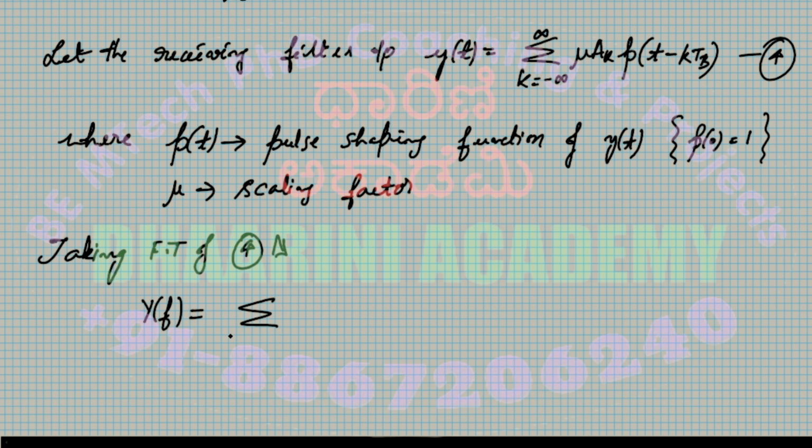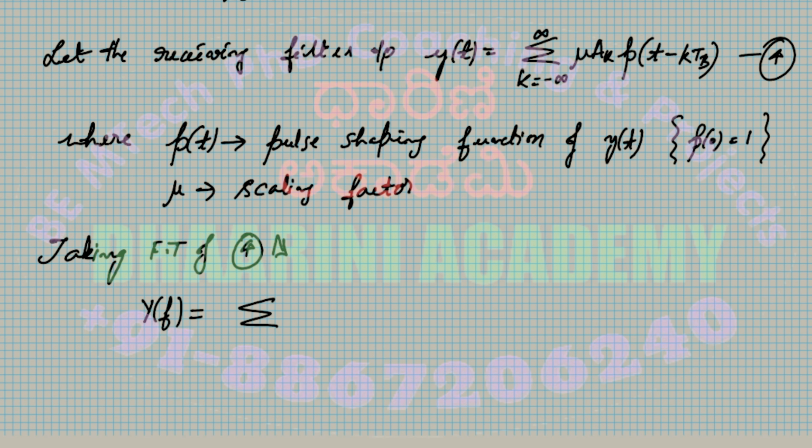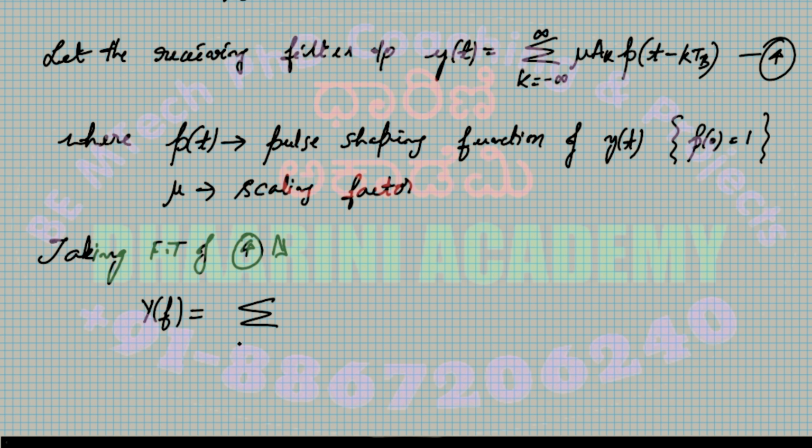Whenever you have a summation in time domain, even on the frequency domain, you are going to have linear combination. The same linear combination in time domain will remain the same in the frequency domain because of the property of Fourier transform that is called linearity. You might have heard of linearity. So Fourier transform is linear. So k is equal to minus infinity to plus infinity. The mu and ak are constant, so they remain as they are, mu into ak, right?